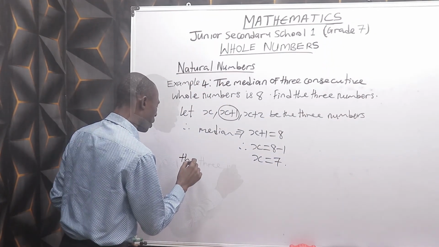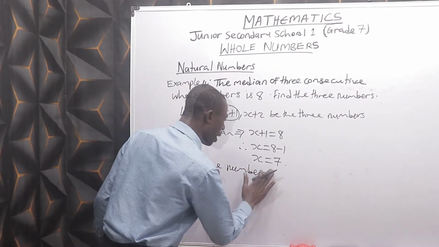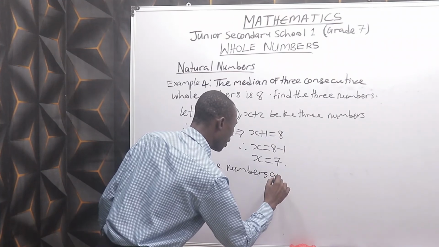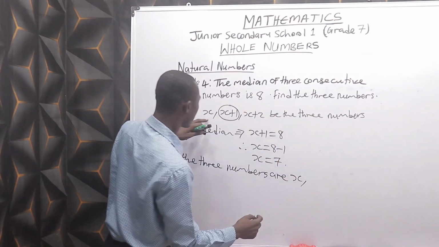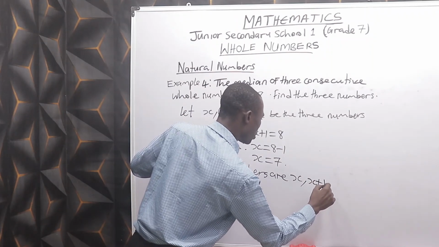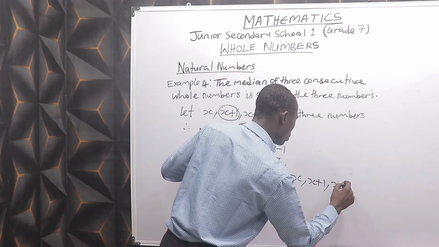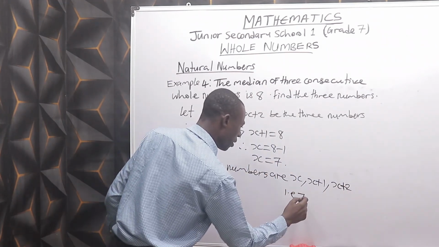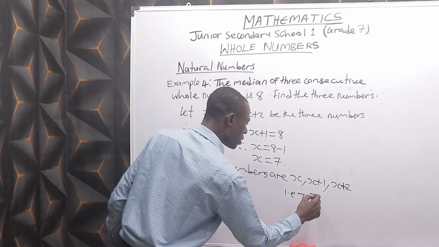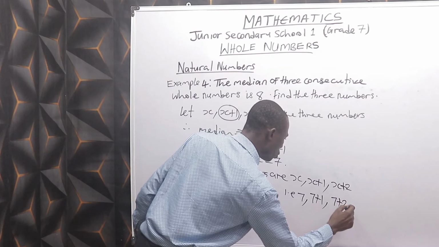Find the three numbers. The three numbers, therefore, are x, x plus 1, x plus 2. That is, x is 7, 7 plus 1, 7 plus 2.